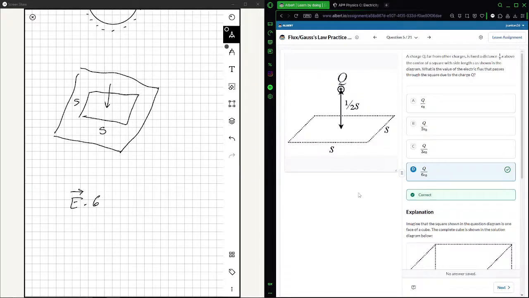Well, it's side length squared, actually, so 6s squared. Equals Q enclosed over epsilon naught. So our Q enclosed is going to be Q. And let's see why this doesn't work.